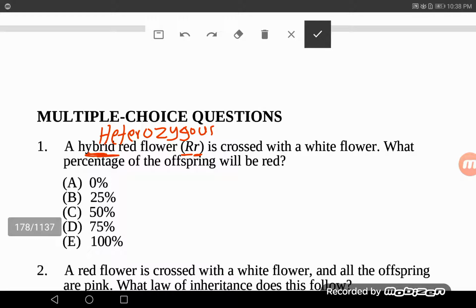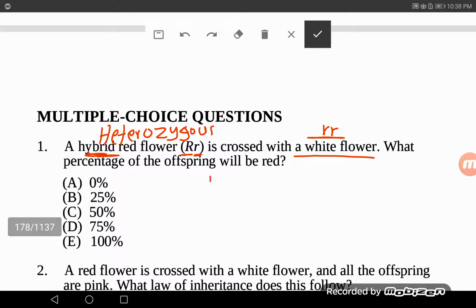When it's crossed with a white flower, we know that white color is recessive, so the genotype of the white flower is r small, r small. Both of them are small.